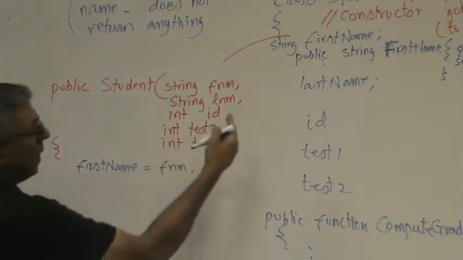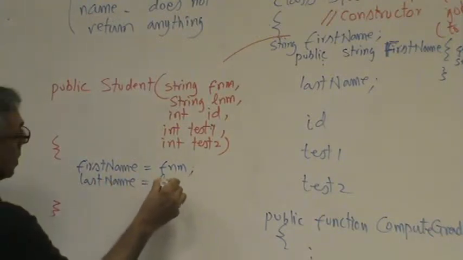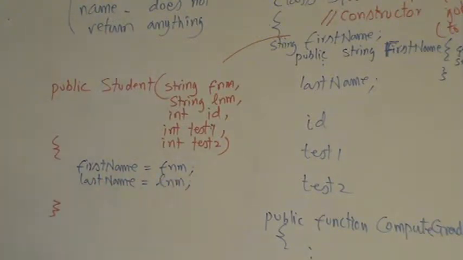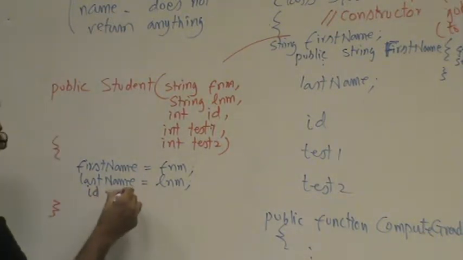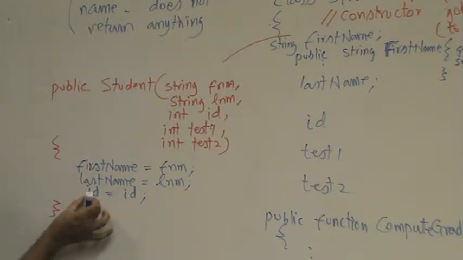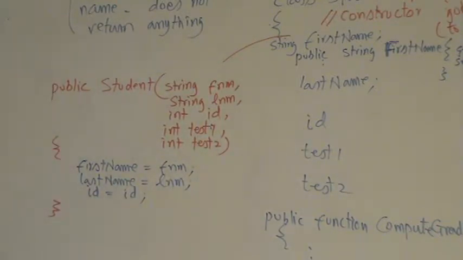Okay. Same way, what was our next field? Last name equal to LNM. Okay. What was our third field? ID. So we will say ID equal to ID. Okay, so which ID we are talking about? The ID that we received as a parameter, or the ID that is part of the data inside a class?